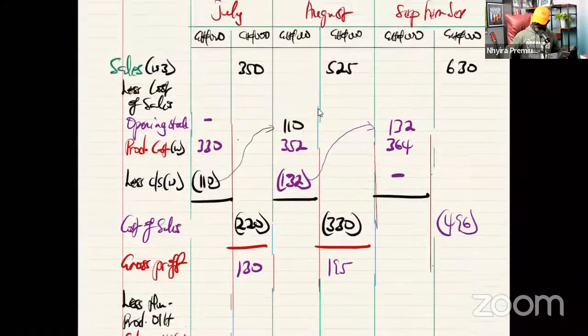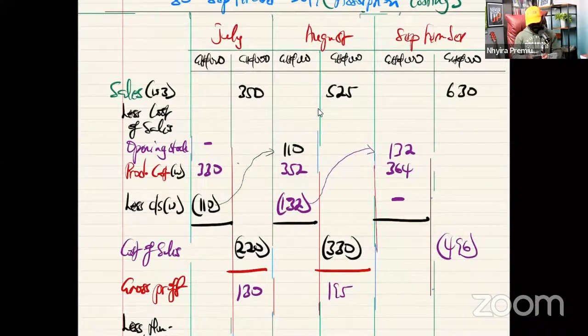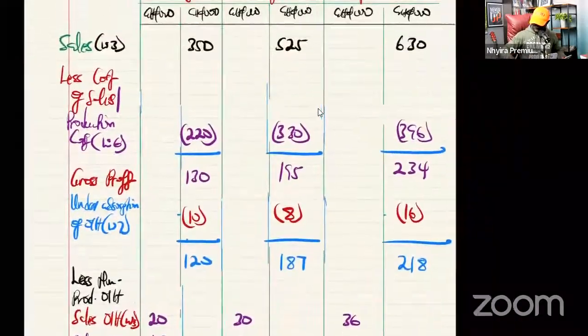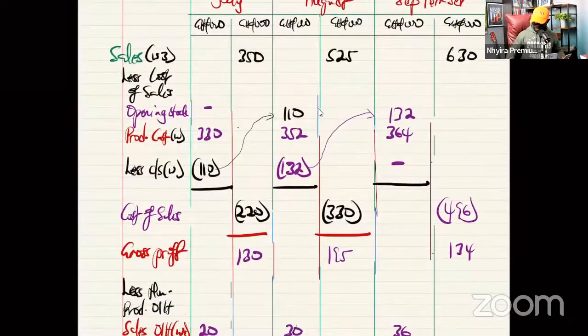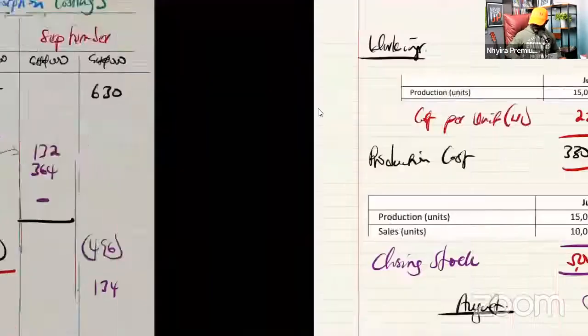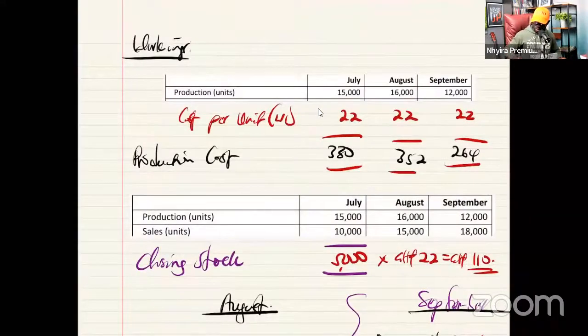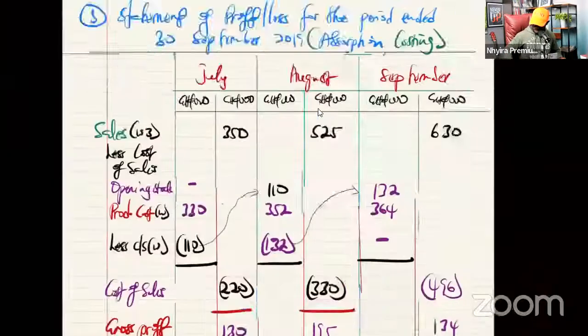But the third one, 630 minus 496, that's 134. Why is the third year having a different answer? Did we mess up something? Give me a moment. Oh, sorry, the production cost is 264, not 364 here.